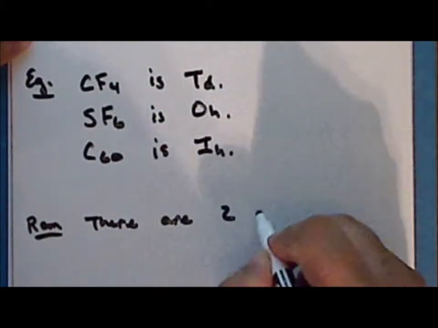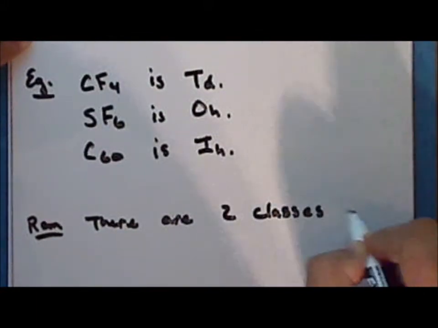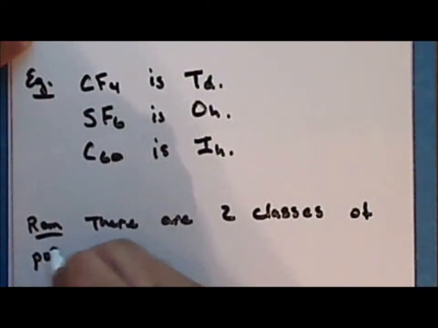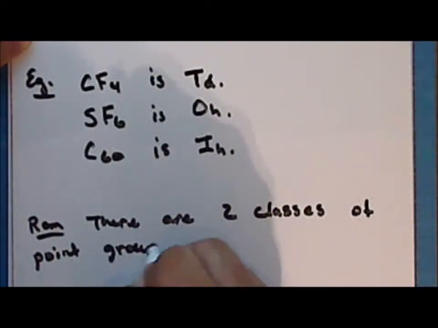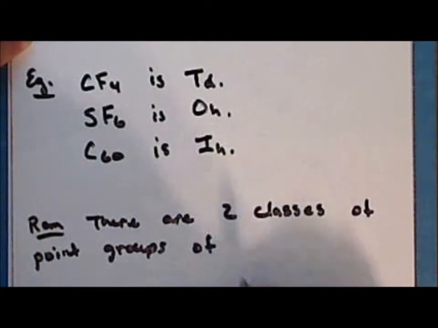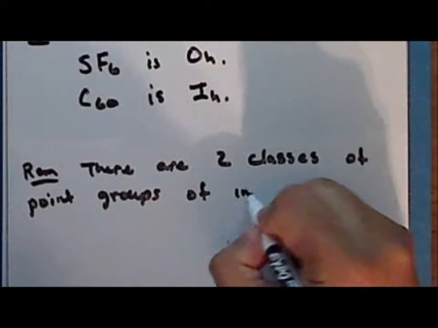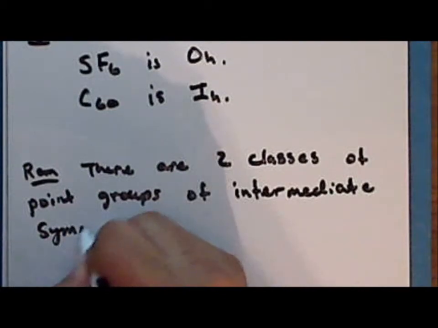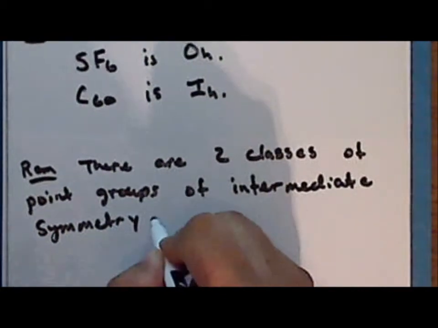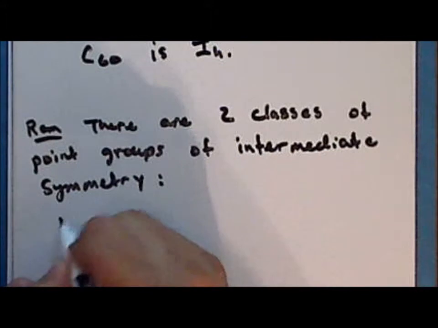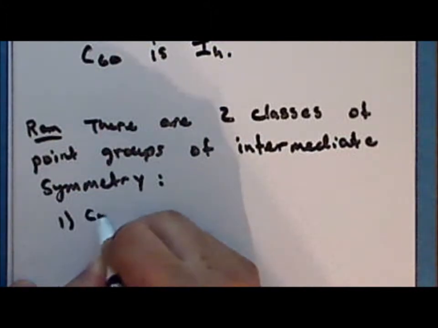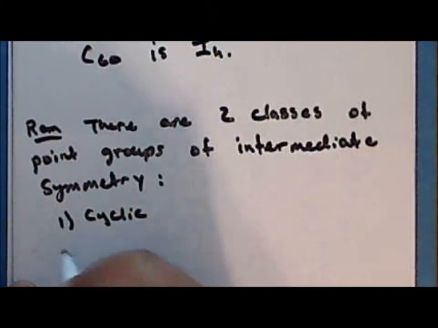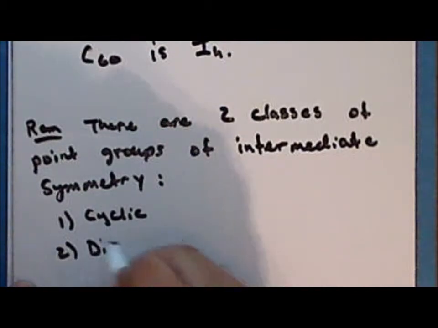Now there are 2 classes of point groups of intermediate symmetry, a class that we call cyclic, and a class that we call dihedral.